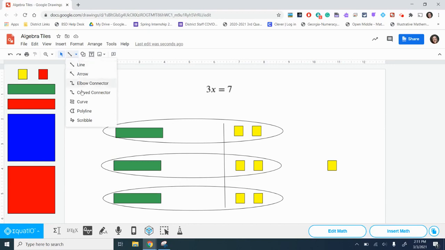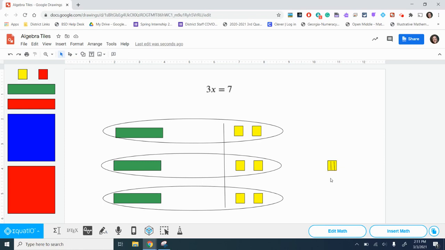So I want to go ahead and use my scribble tool just to model that here. So there's 1. All right, so now I have 1, 2, 3, pretty close to equal groups for using a scribble tool on Google Drawings. So each of these little pieces represents what?